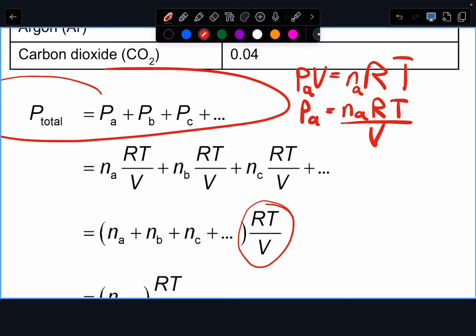And so we can just sum up the moles of gas. Instead of summing up the individual pressures, if we know T and V, we can just sum up the moles of gas, and then we would be able to calculate the total pressure as well. Now, we couldn't do that in the previous problem because we didn't have temperature and volume. We had to rely on that change.